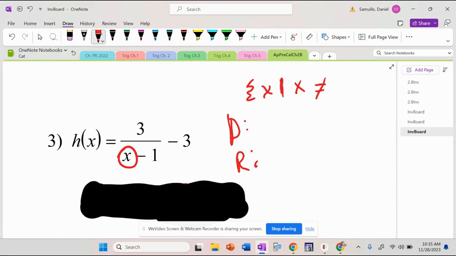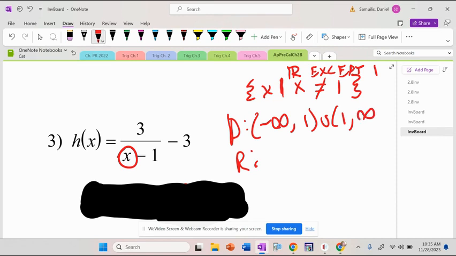So that's a way of writing that. That means it could equal everything but that. Sometimes they say all reals except, so they do the double R thing and then say except 1. Just be aware of that. We are doing interval notation every time. So this is all real numbers except 1.